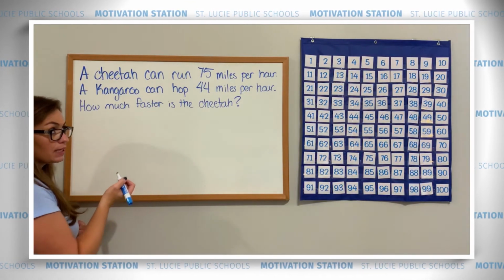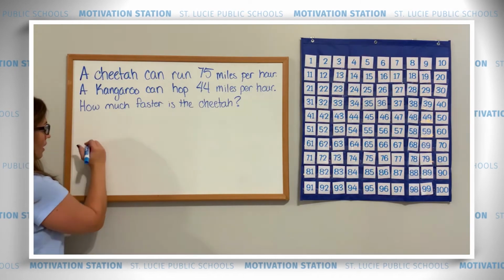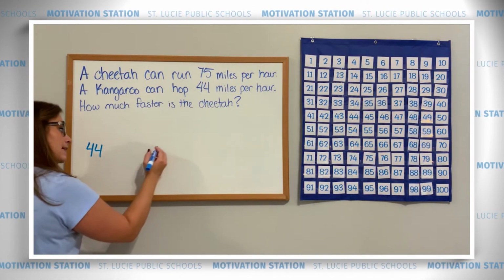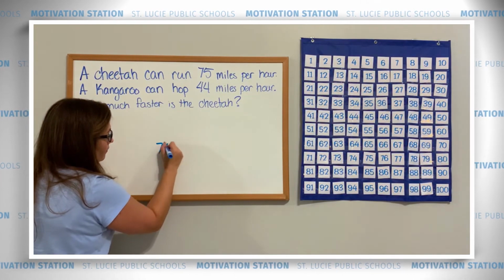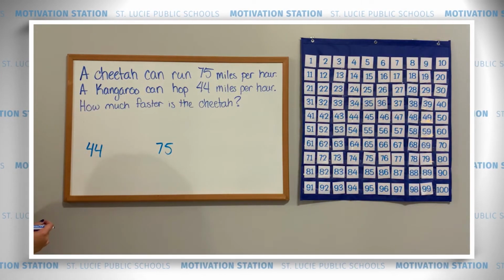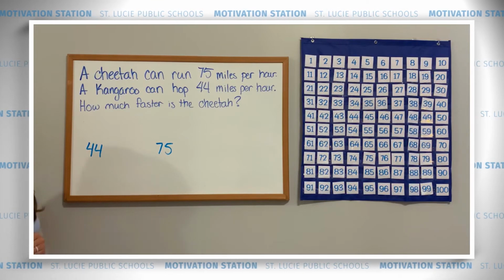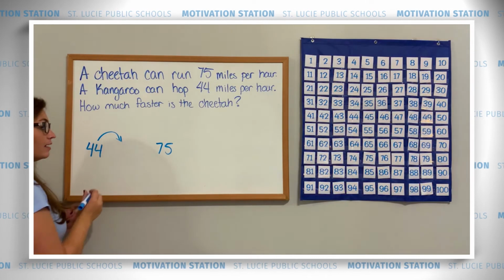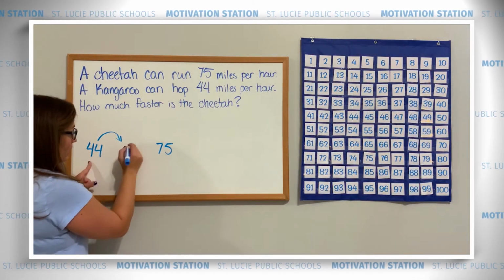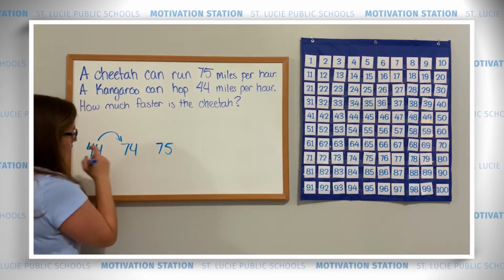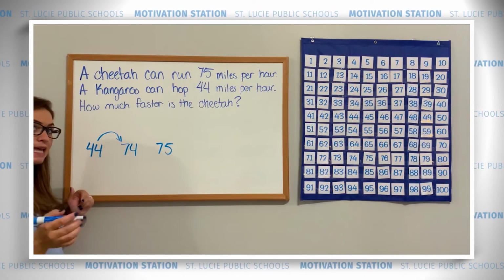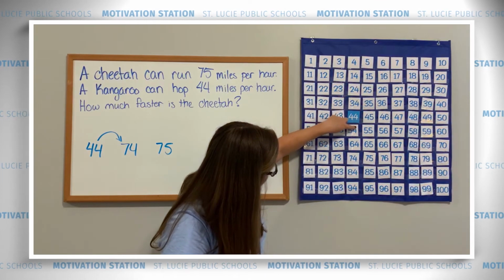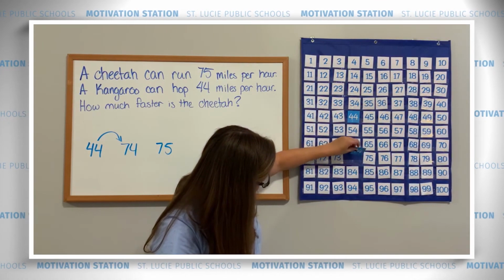Let's do addition first. I have 44. I need to get to 75. Well, I know that I can add to get from 44 to 74 because that would be adding tens. 44 to 74 would be 10, 20, 30.